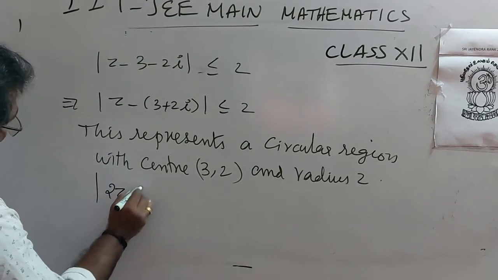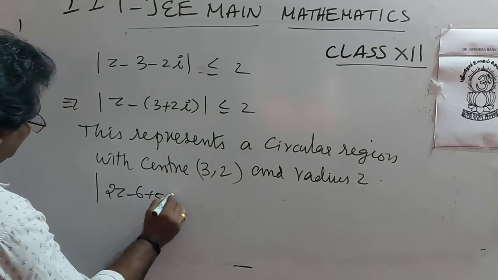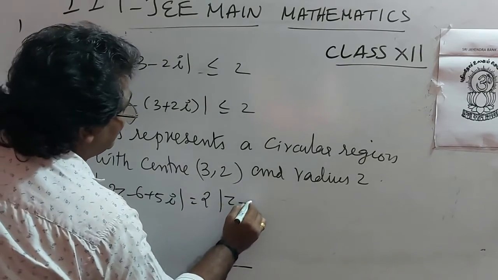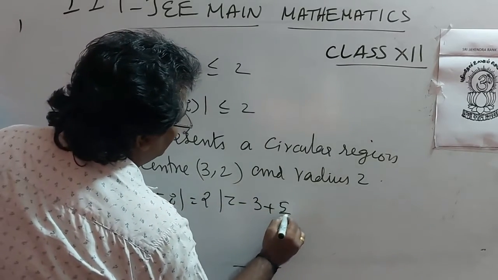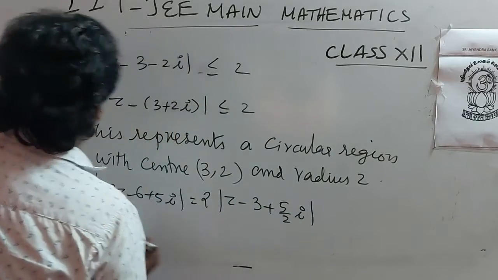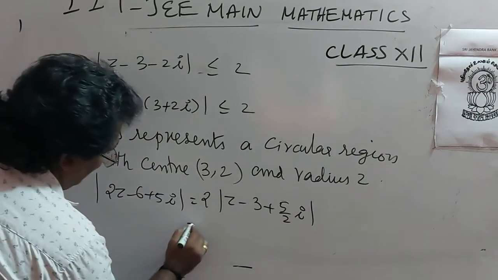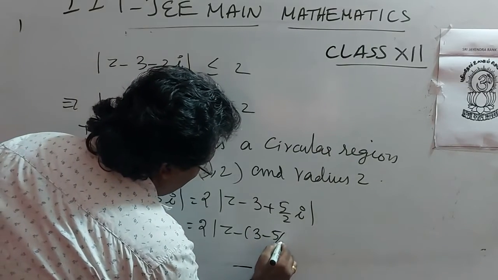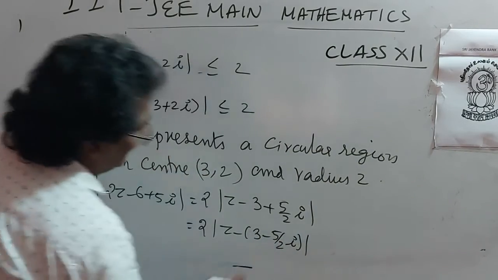Now 2z − 6 + 5i equals twice (z − 3 + 5/2 i), which is 2 into |z − (3 − 5/2 i)|.